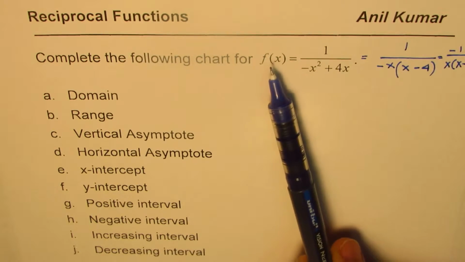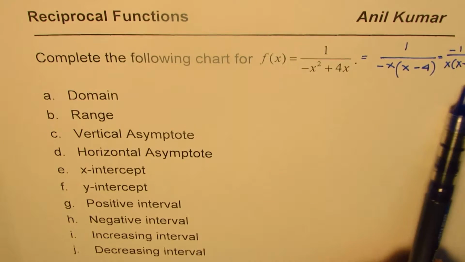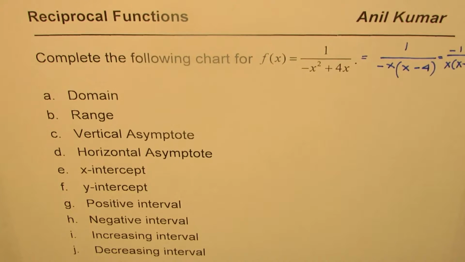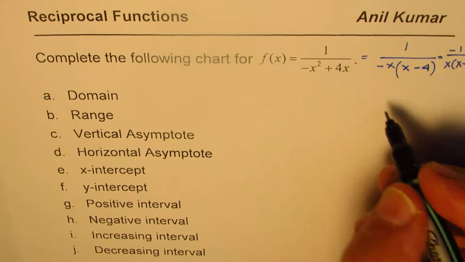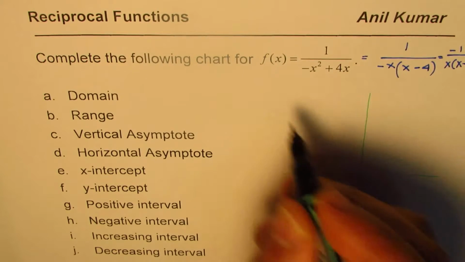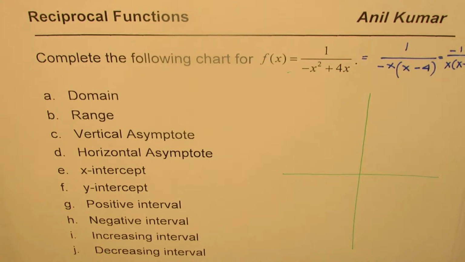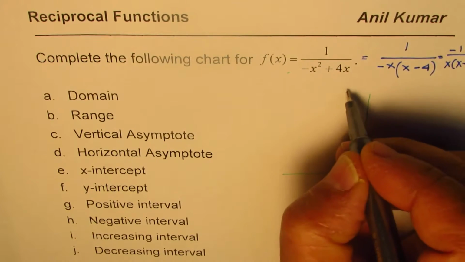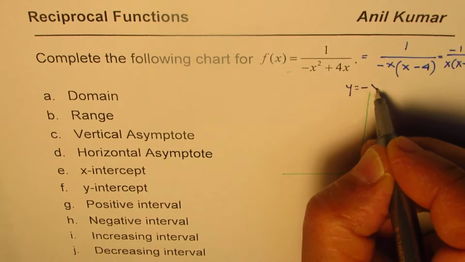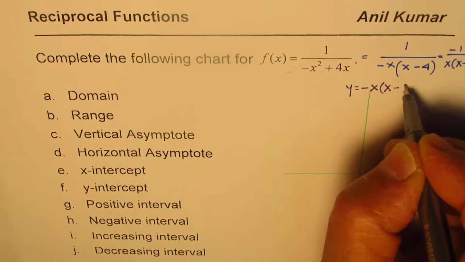So basically it is the reciprocal of this quadratic function. Do you see that? This quadratic function. So I'll make a rough sketch of this function here, and then we'll describe the characteristics of the reciprocal function. So what we are going to sketch here is a function y equals minus x times x minus 4.